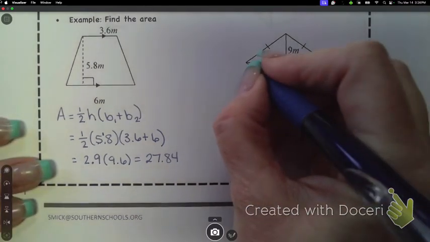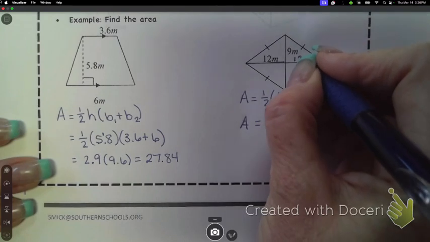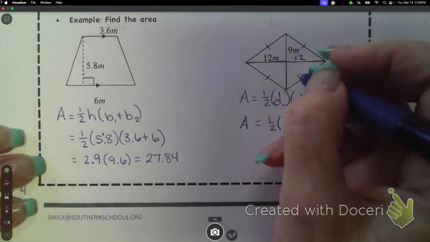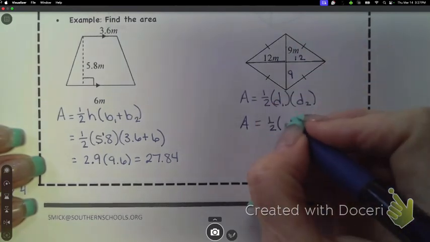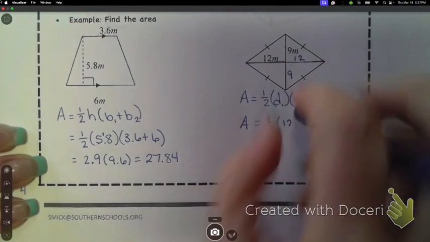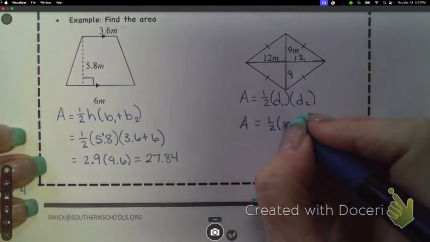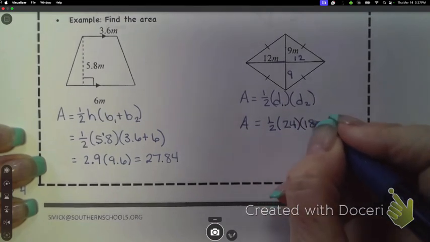If this is 12 from here to here, what is this? 12. Okay? Oh, 24 times 18. Yes, thank you. And this is 9, this is 9. So I get 24, not 12. You're not squaring it, you're adding it, right? So 24 times 18. Does everyone see 24 times 18?